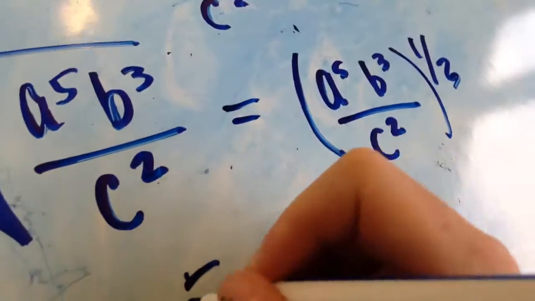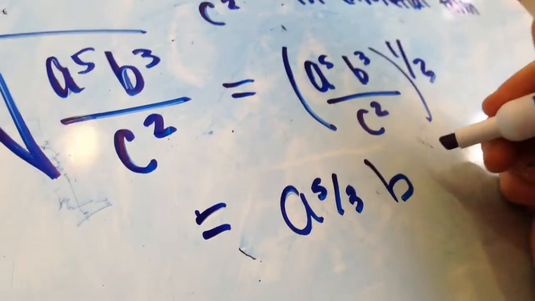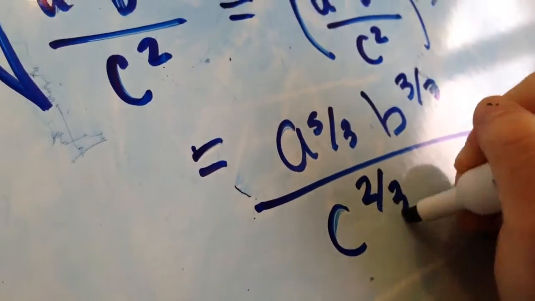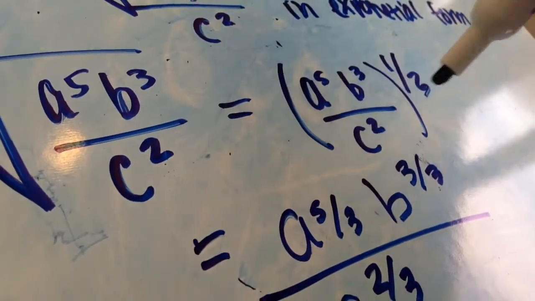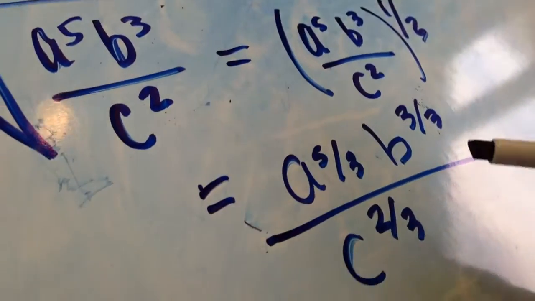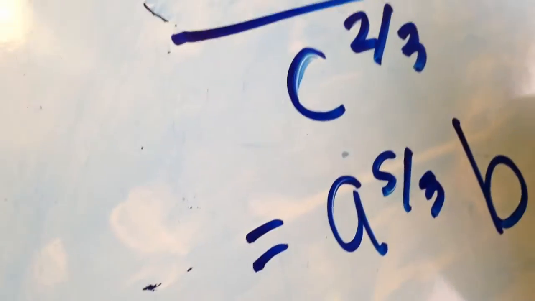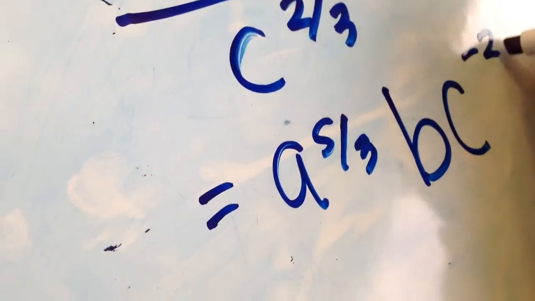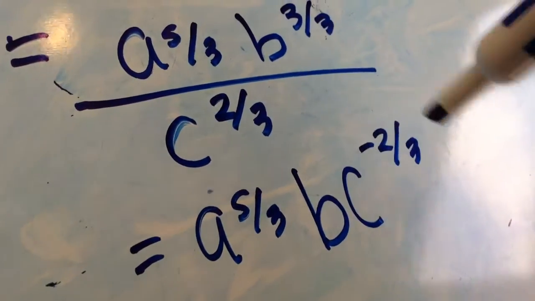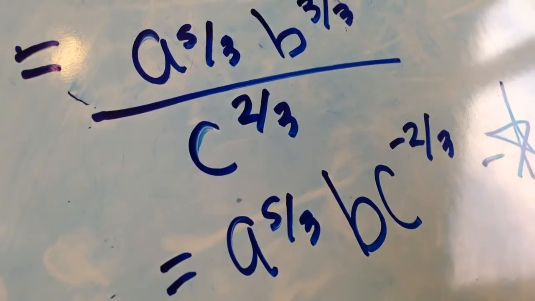And then this equals a to the 5th over 3, b to the 3 over 3, and then c to the 2 over 3, because you just change the exponents around. So you multiply it, distribute it, kind of thing, and then that equals a to the 5/3, b, c to the minus 2/3, because you take it out of the fraction and you move the c up to the top, and 3 over 3 is just 1, and that's your answer. Wow, I don't think I could have done that without your help, Ella.